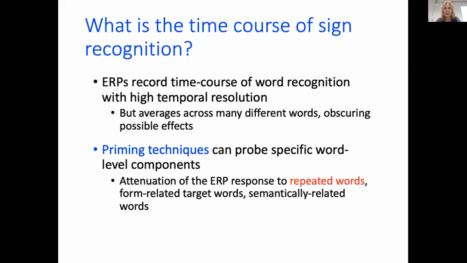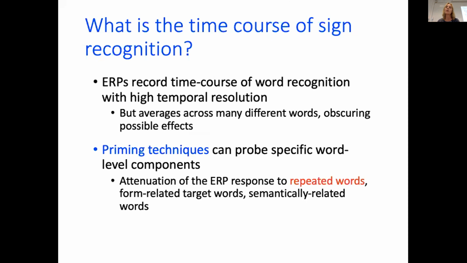So let's start with the time course of sign recognition. This is why we're looking at ERPs. It's very good at looking at the temporal dynamics of word recognition. But when you look at ERPs just to words or to signs, it's going to average across many different signs or many different words, which can sometimes obscure possible effects. One way to overcome that is by using priming techniques.